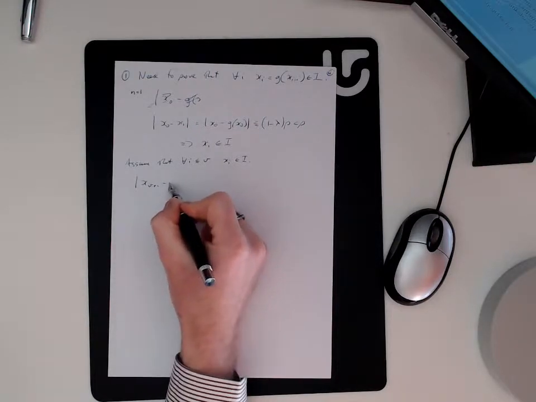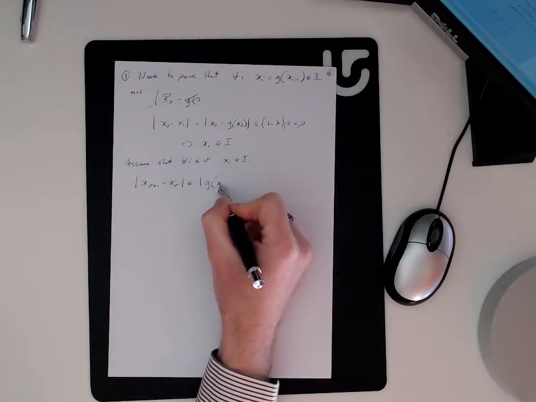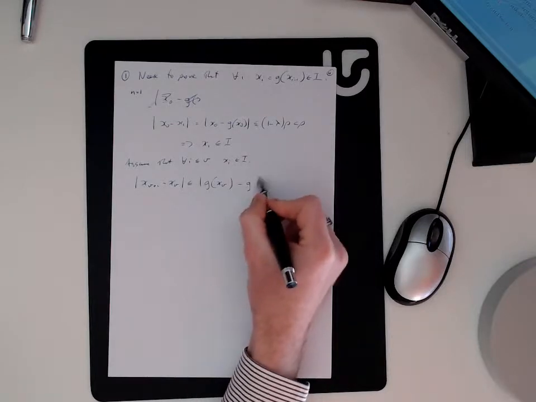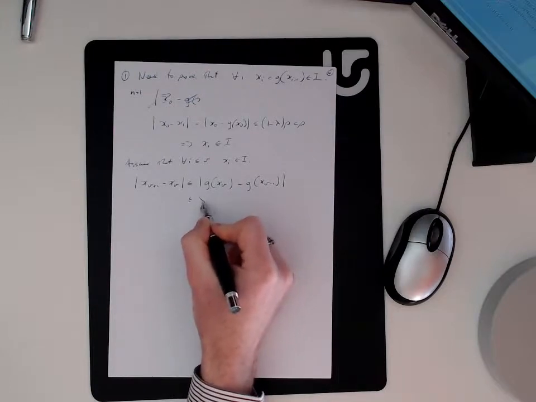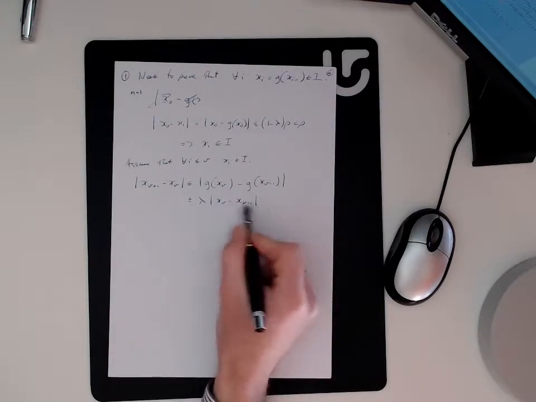Anyway, let's do this calculation. The absolute value of x v plus 1 minus x v is less than or equal to the absolute value of g of x v, and by definition of the iterates, g of x v minus 1, which is less than or equal to lambda times the absolute value of x v minus x v minus 1. Why is that true?